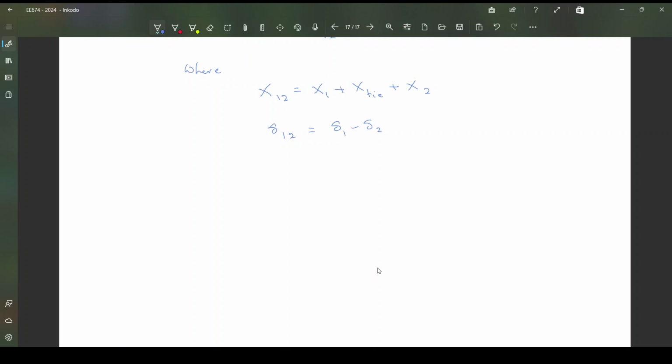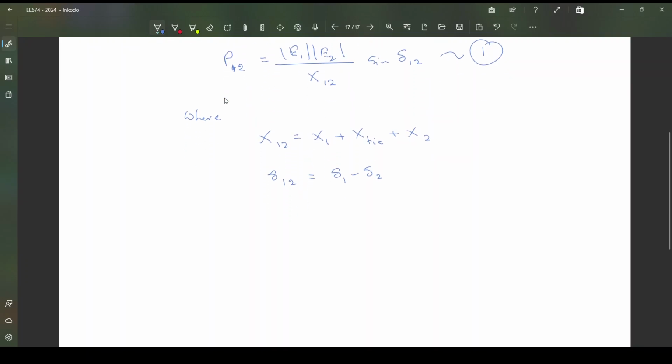Now for a small deviation in the tie line power flow, that is the power going from one area to the other, let's say delta P12.